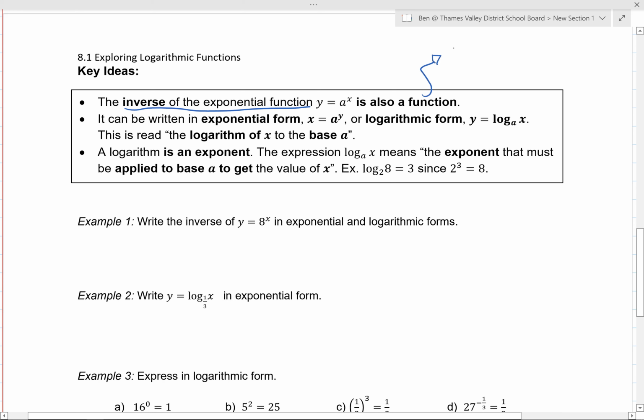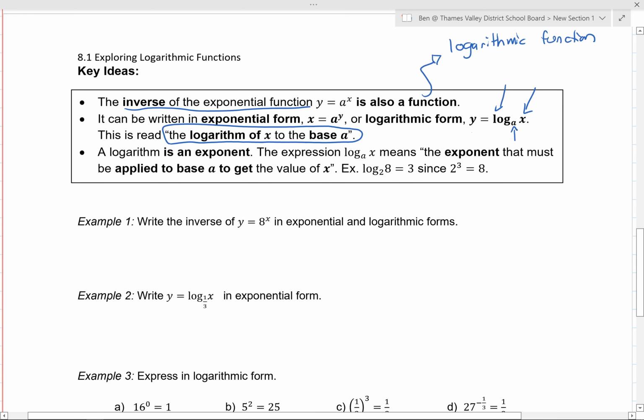You may have seen in your textbooks somewhere where it says log base something of x, or simply the log of x. So this is read as the logarithm of x to base a.